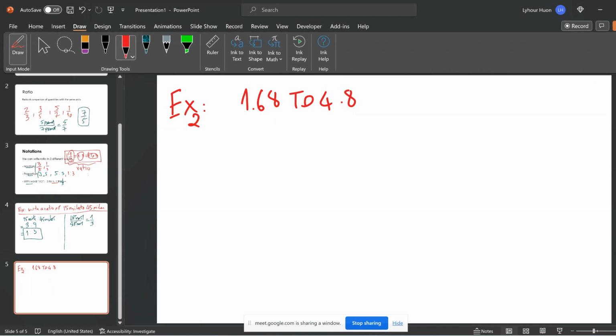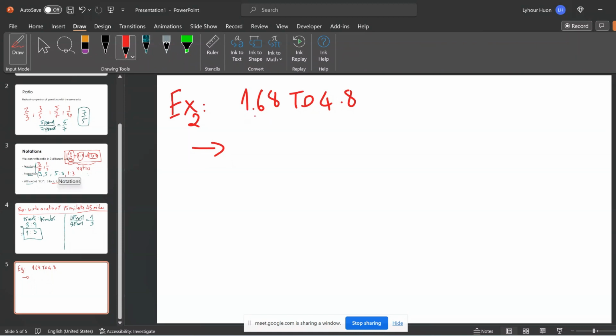Proper ratio means we already reduce them or simplify them. And then we divide stuff. Do we divide by 8? No, we don't. Sorry.